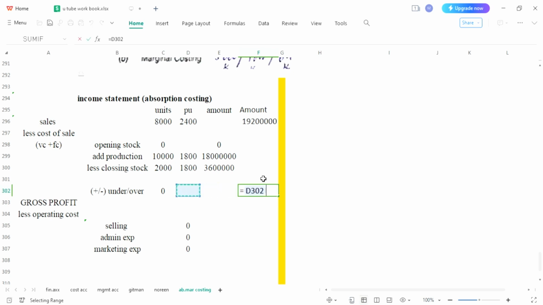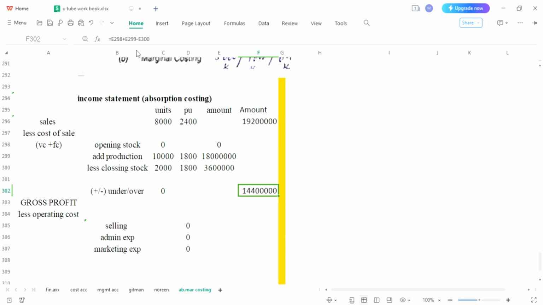For that, first of all we will go to the opening stock, which is 0, and then we will add production cost, which is 18 million, and then you will subtract your closing stock 36 lakh, and then you needed to see if there is any under over applied, and since there is no amount present over here, finally this is our total cost of sales which was required to be calculated.